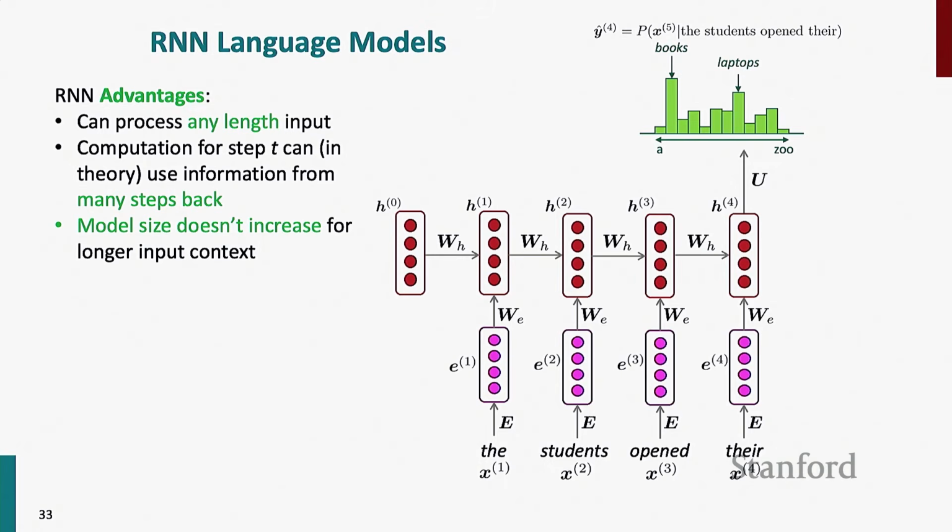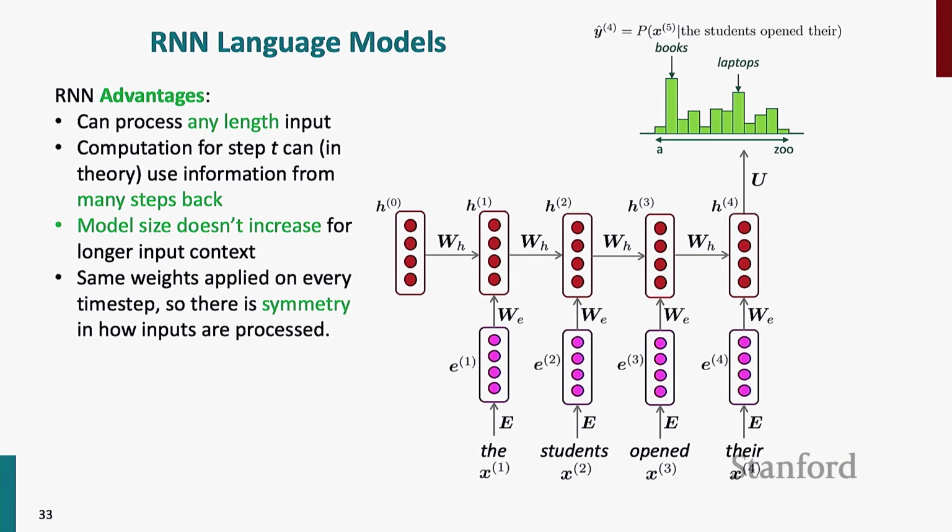We have to do more computation for a long context, but our representation of that long context just remains this fixed size hidden vector h of whatever dimension it is. So there's no exponential blowout anymore. There's the same weights applied in every time step, so there's a symmetry in how inputs are processed.